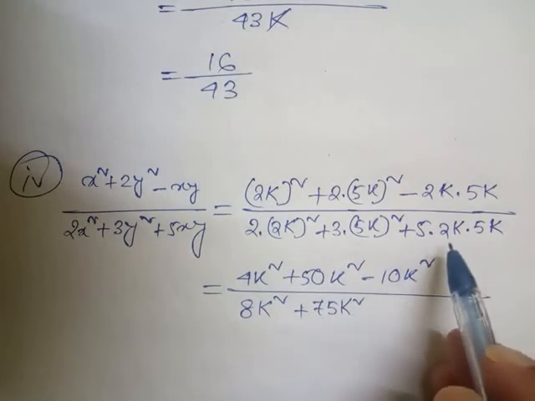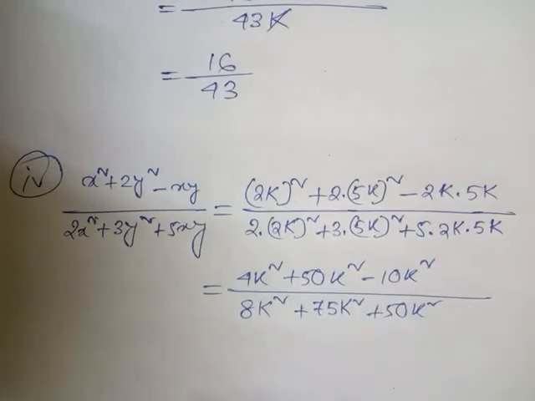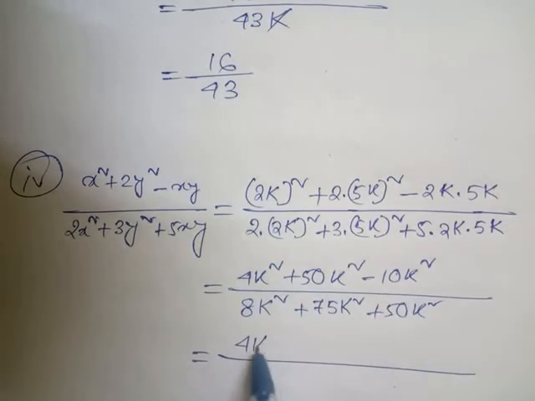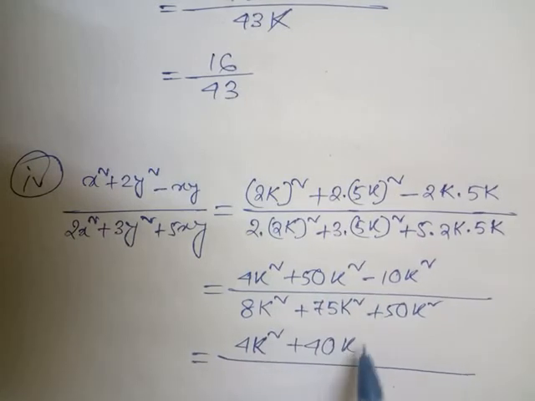And 5 times 2 is 10, 10 fives are 50, 50k square. Now look, students, after that, 4 plus 50 minus 10 is 44, so there is 44k square. For the denominator, 75 plus 50 plus 8.